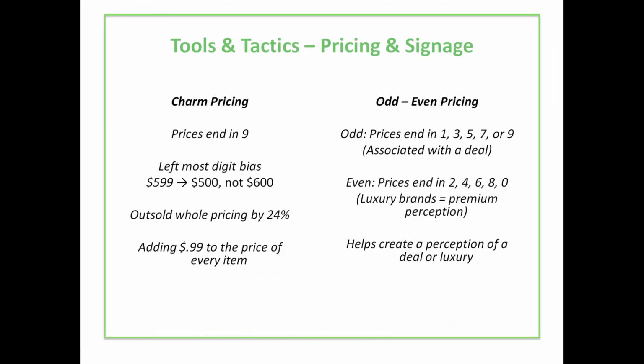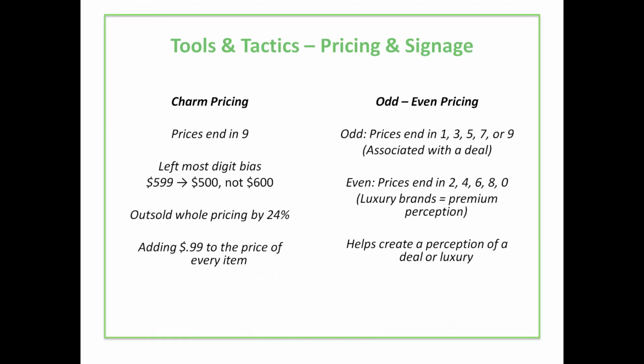Now, another interesting piece here is charm pricing can also qualify as adding 99 cents to the price of an item. So $24.99, $199.99. Those are great prices because they're below a certain threshold of $200 or $25. A lot of retailers would just go $24 or $99, which is okay.